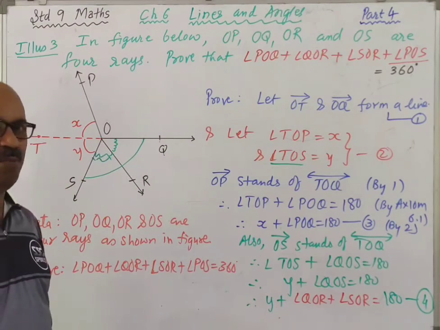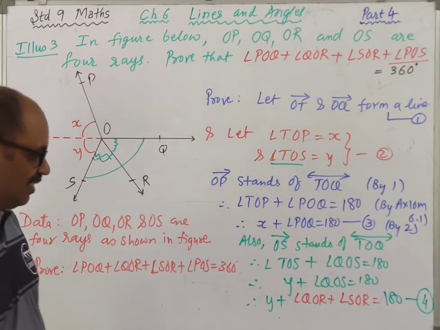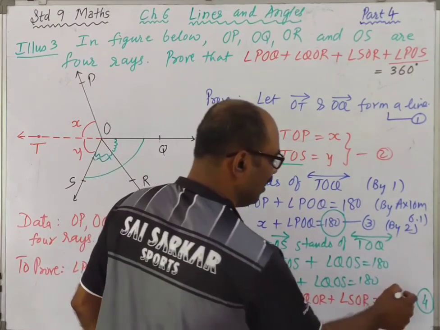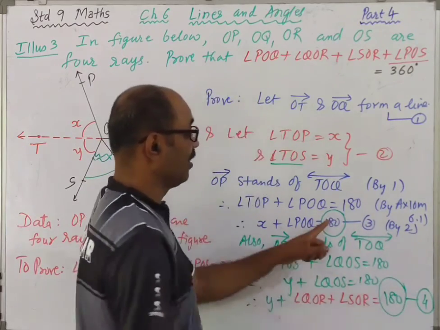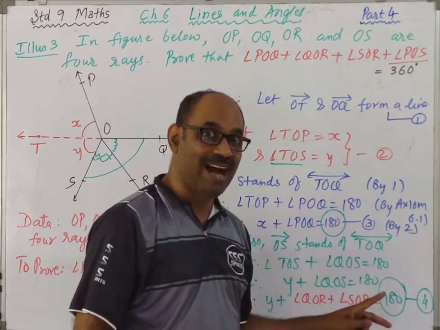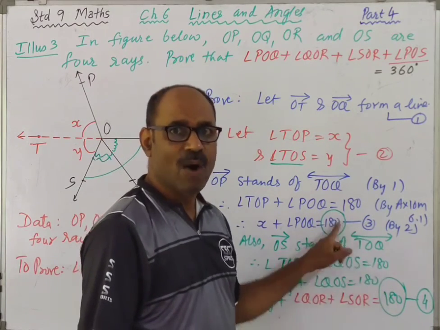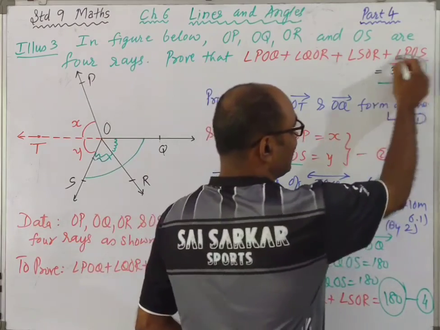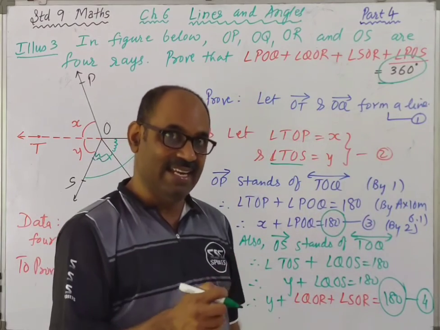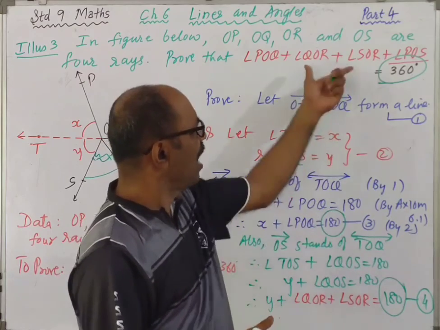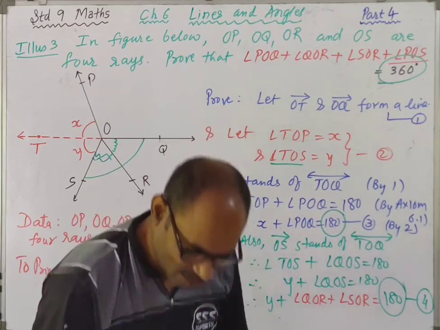Children, our work is almost done. See this. The right hand side of result 3 and 4 both are 180. By Euclid's property, you can add the right hand sides. 180 plus 180 gives 360. This is the hint to proceed further. Whatever the left hand side is, we will see.